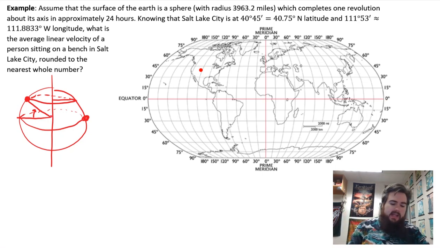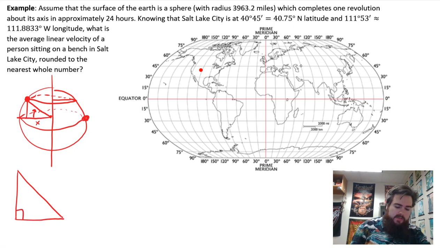In order to find that, essentially what we need for our situation in Salt Lake City is the x value associated with the triangle made by 40.75 degrees north latitude. So, if we just think about this as a triangle here, and I zoom in on it, I'm looking at a triangle that has an angle measure of 40.75 degrees.